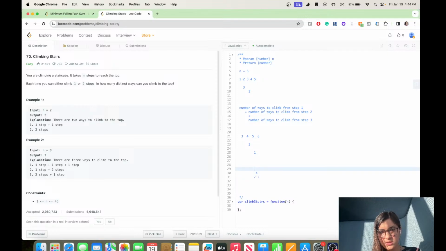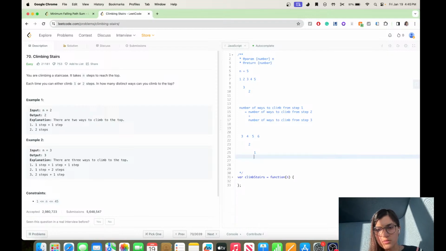I was thinking if I have to add this branch or not, but I do not need to, because I'm calculating the number of ways, and the number of ways is 2 only. Even if I go from 4, there is 1, 2. Even if I'm going from 3, there is 1 and 2. So this is the formula.